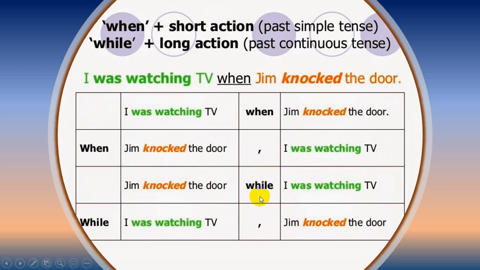When we deal with while, it is followed by past continuous. Jim knocked the door while I was watching TV. When we want to put it at the first of the sentence, While I was watching TV, put comma, Jim knocked the door.